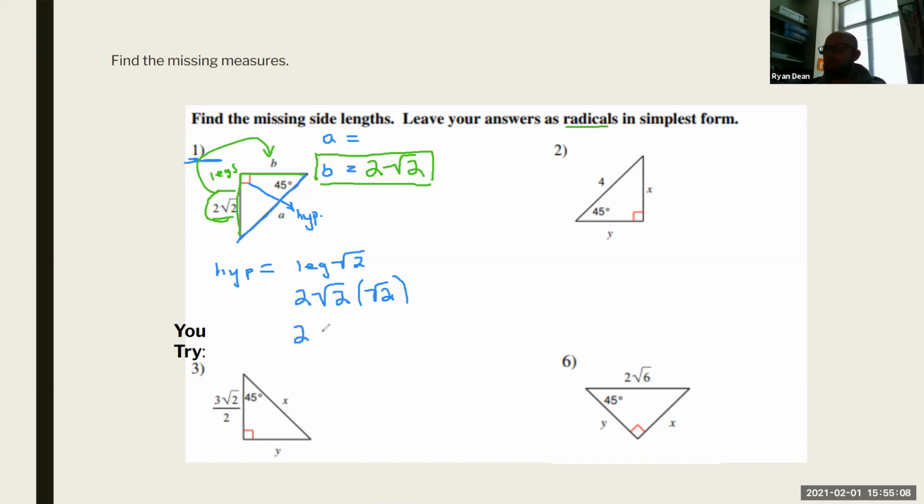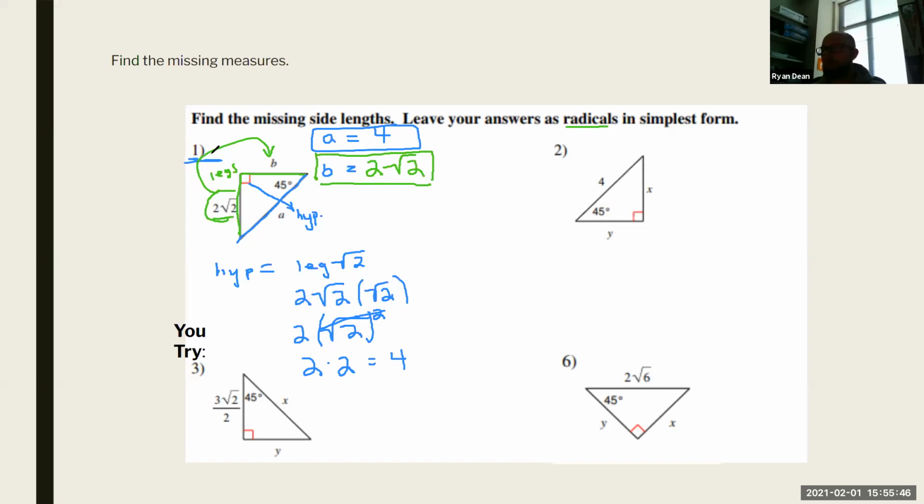I have 2, and then I have the square root of 2 squared because there's 2 of them. And what happens when we have a square root squared? That's right, you guessed it. These cancel out, and then you're left with 2. Whatever's underneath comes out. 2 times 2. This guy is going to be 4. There you go. Those are your sides for number 1.